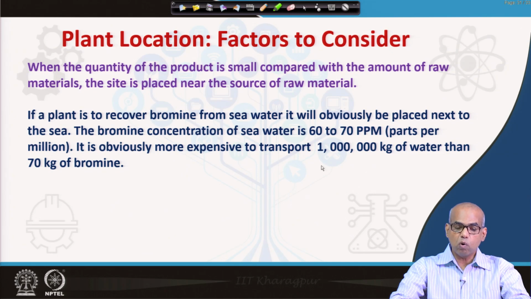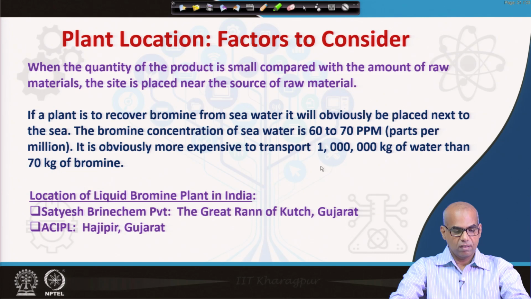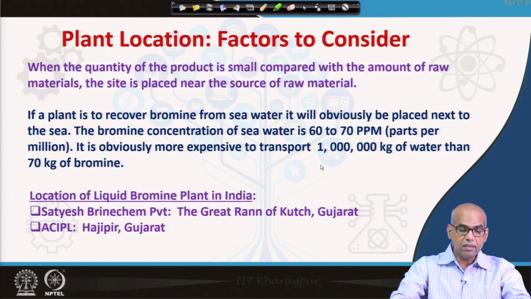So, it is obviously more expensive to transport 1 million kg of water than 60 to 70 kg of bromine. Shtesh Brine Chem Private, ACIPL, these are the liquid bromine plant in India and both are located in Gujarat near sea.